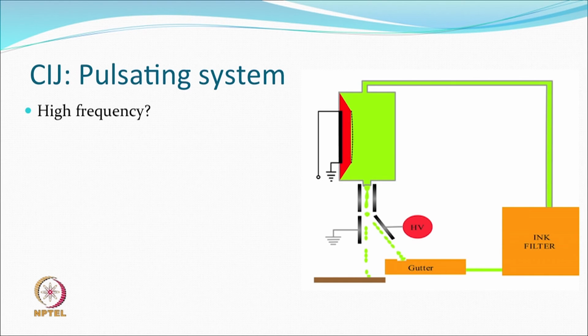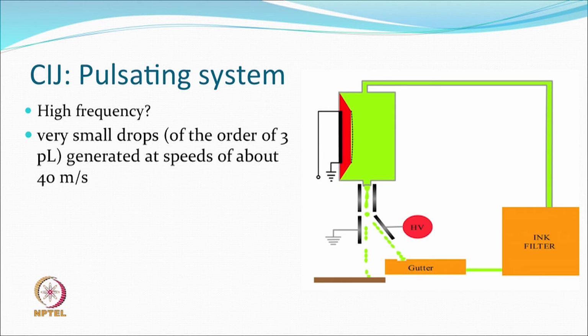High frequency is required, because you want a lot of things happening at very small intervals and small droplets to be generated. So, almost the limit is there, that 3 picoliter is the smallest droplet which is produced, and speeds are also pretty high.